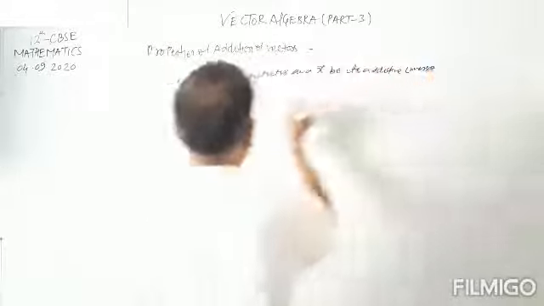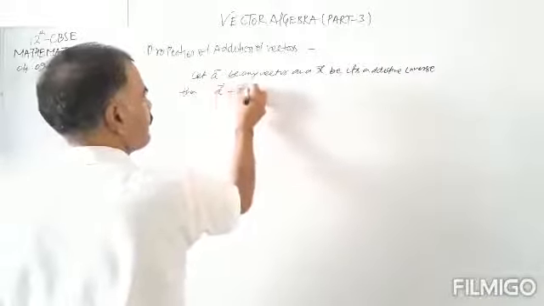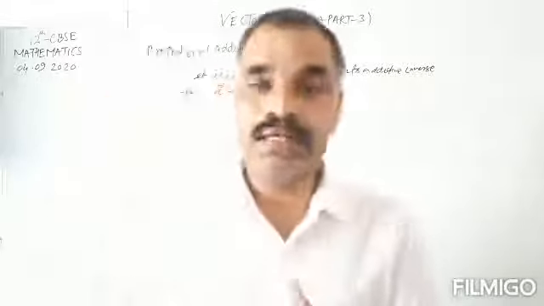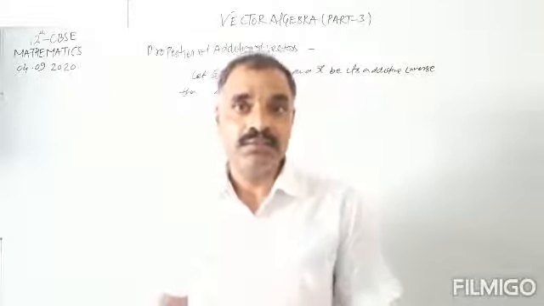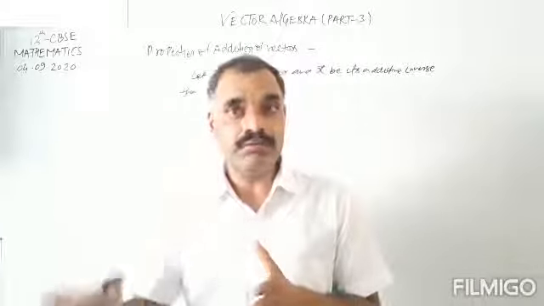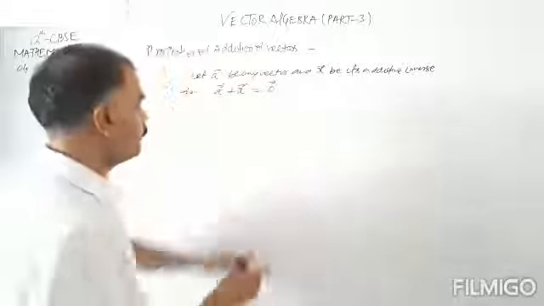Okay, then A vector + X vector is equal to 0 vector. The definition of additive inverse says that the addition of two vectors is equal to the additive identity, that is 0 vector.